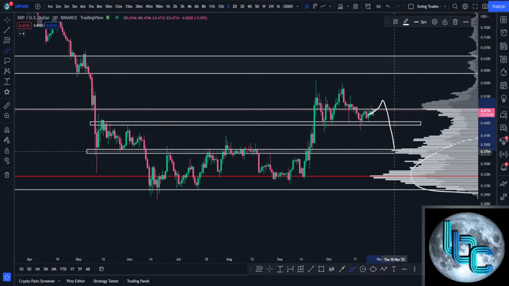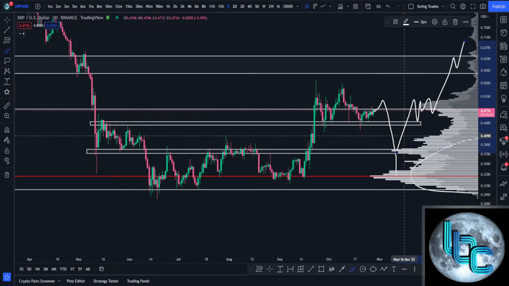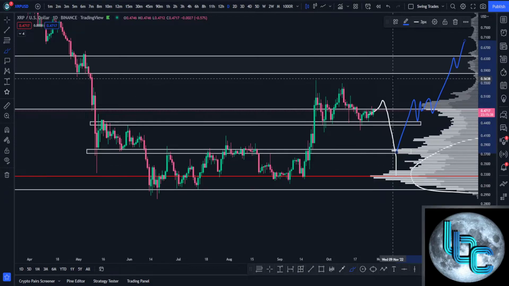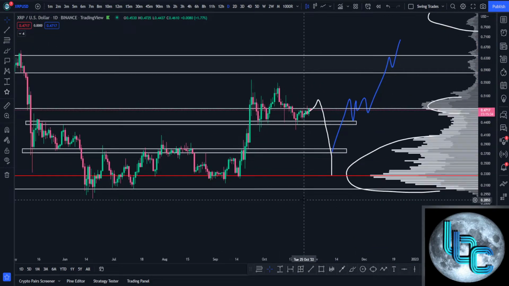Then after that, the question becomes, are we going to come all the way down to 33? Or are we going to get a bounce out of here, mess around in here again, and then keep moving forward? That last bit right there in the blue is what I believe is going to happen.